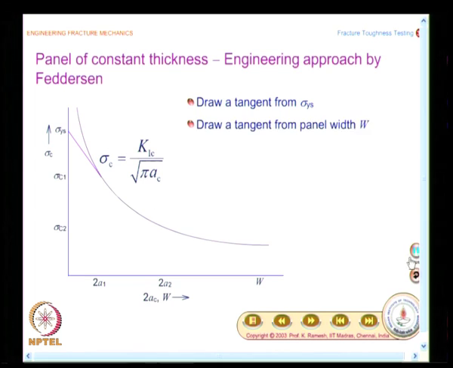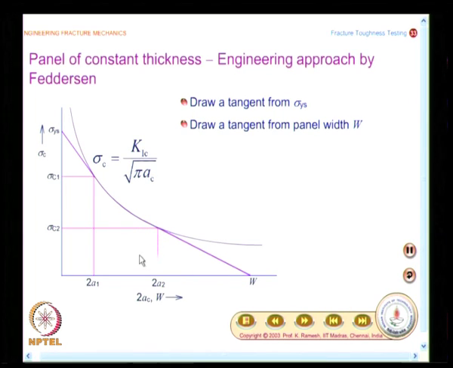So, the recommendation is draw a tangent from panel width W. So, for a width of panel W, the residual strength diagram would be a straight line portion, a curved portion, and another straight line portion. This was a recommendation given by Feddersen. It is an engineering approach, very popular, people use it left and right.